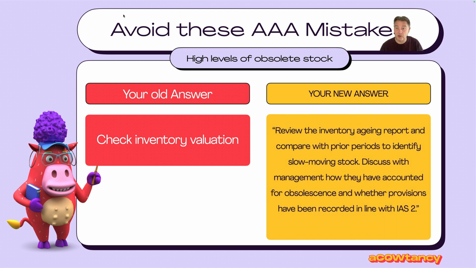Well, we'll review the aged inventory report and compare it with prior periods to look for, is there any slow moving stock? So compare it, if it says 200 days and normally they're only there for 20 days, you know that there's obsolete stock. Then you say, right, I'm going to discuss with management how they've accounted for this and whether provisions have been brought in, because that's the risk that I'm worried about. We're overstating stock, so have they brought in a provision to get rid of the obsolete stock?